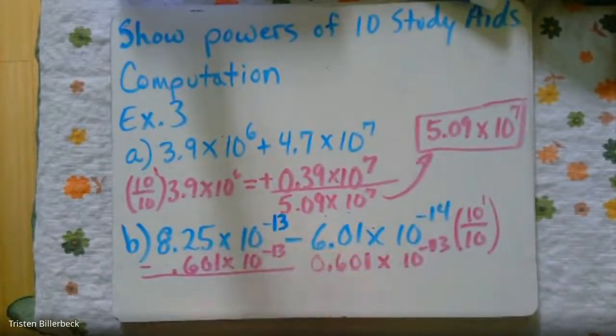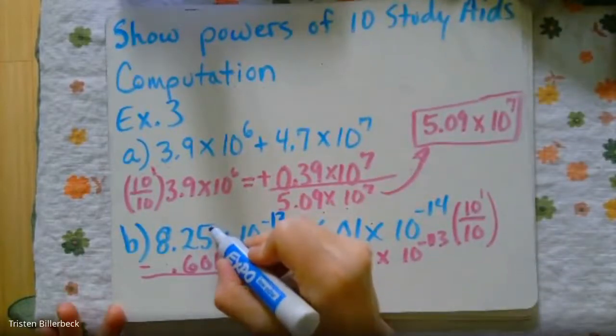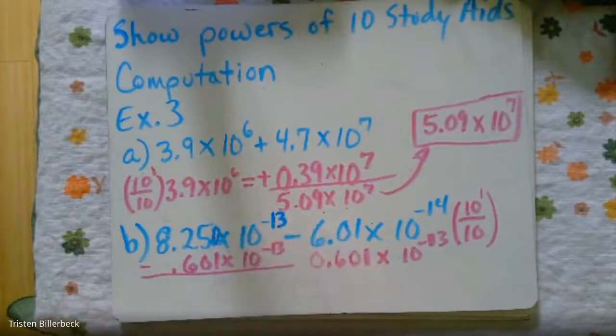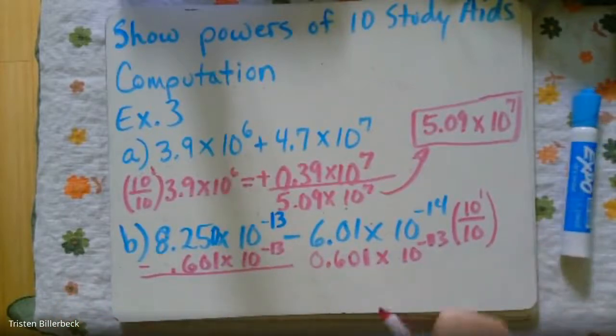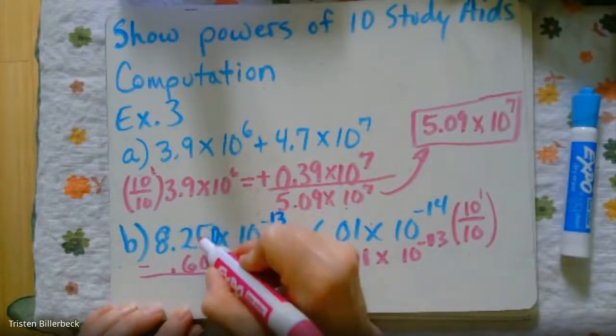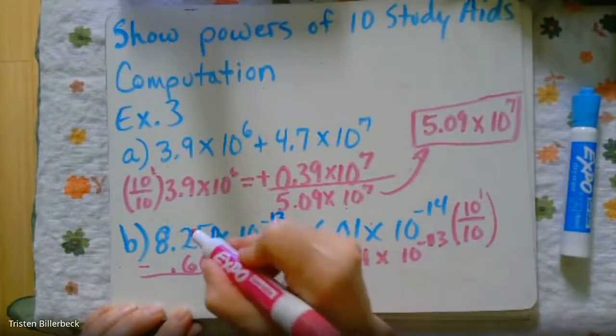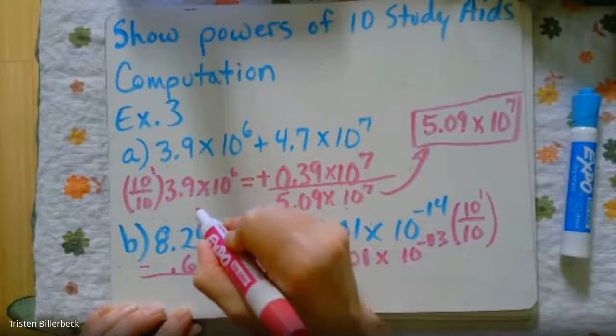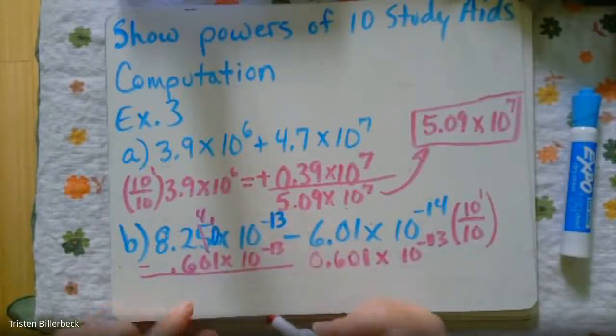So I'm going to need a little zero right there. Let me put a zero right in here. All right, so what I have to do is take one from here and make that a 4 and carry 1.